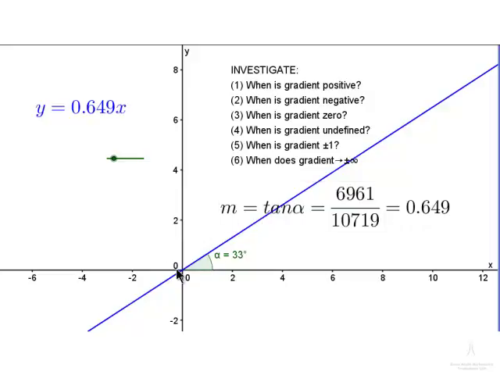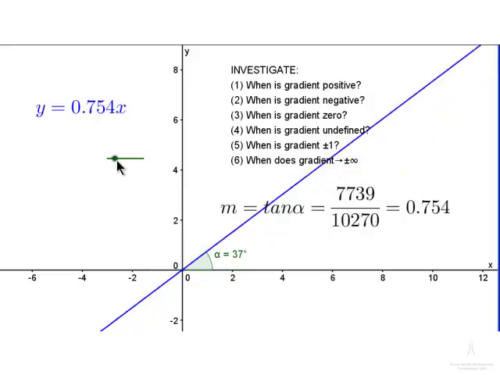Remember, this is a straight line through the origin, so the y-intercept is 0, so the defining equation is y equals mx, and because the gradient is 0.649, the defining equation is y equals 0.649 times x. So let us look at a couple of cases. At the moment I want you to focus on two things: the angle and the gradient. So if the angle at the moment is acute, then the gradient is positive.